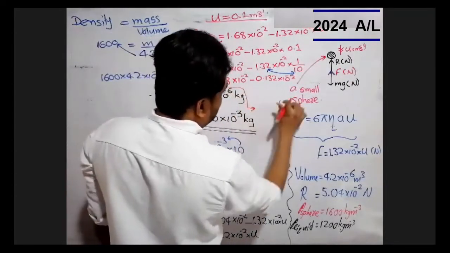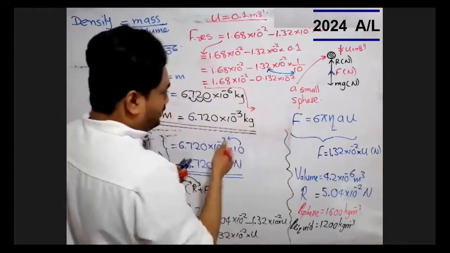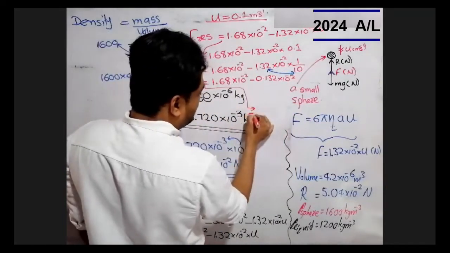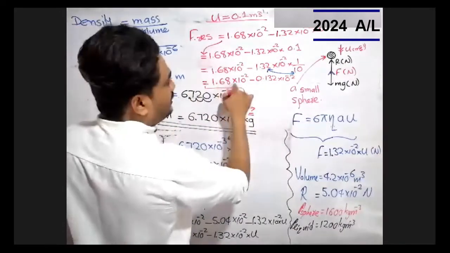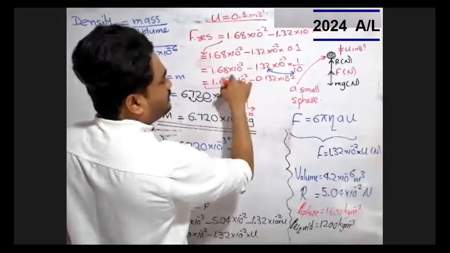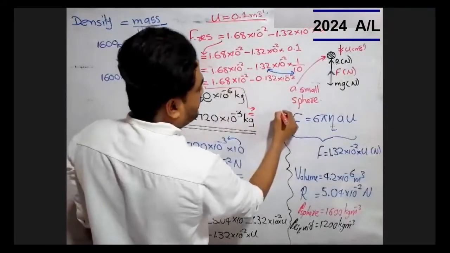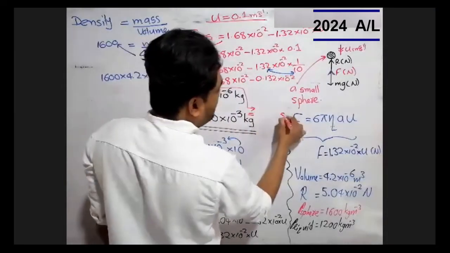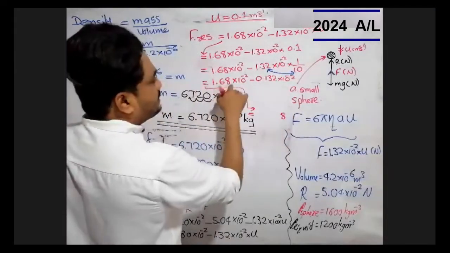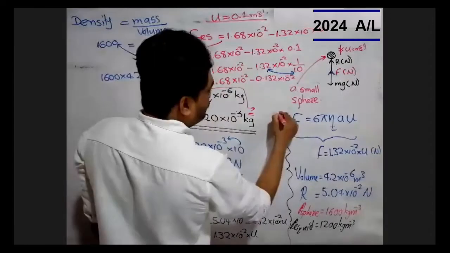So finally we will get... sorry, this 2 is there, I have to take 1 to the side. 10 minus 8, 10 minus 2 is 8. This is 7. 7 minus 3 is 4.